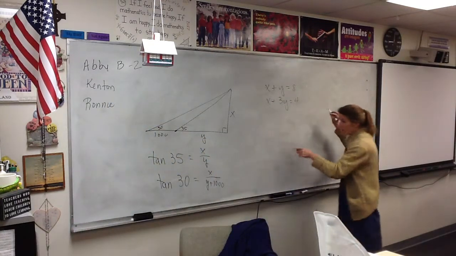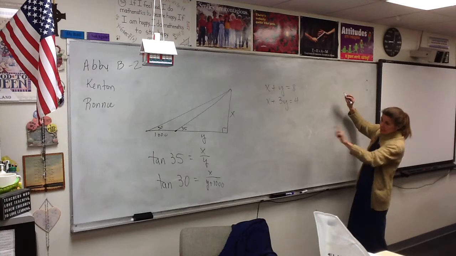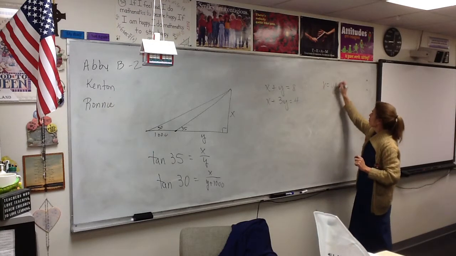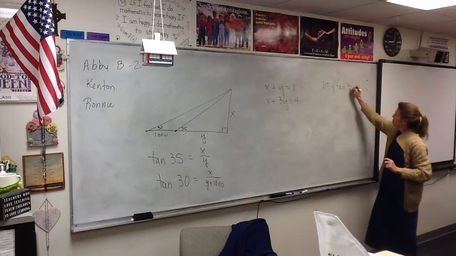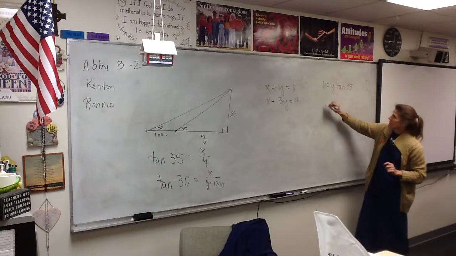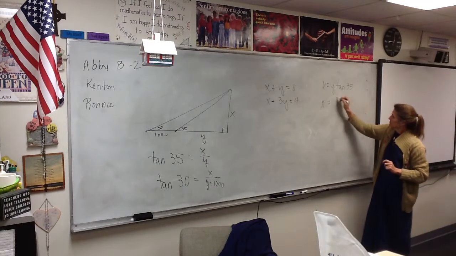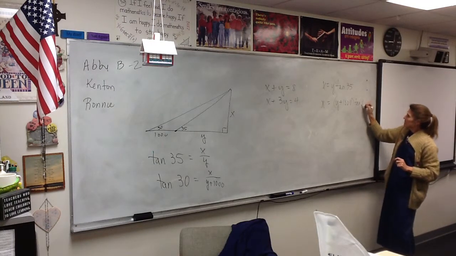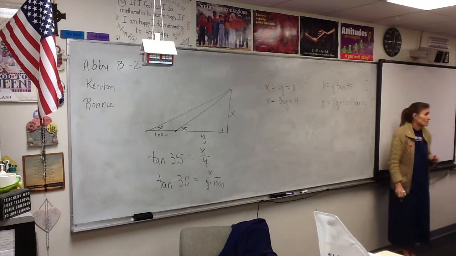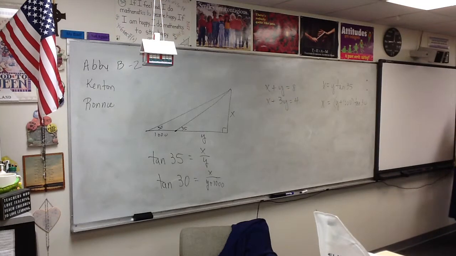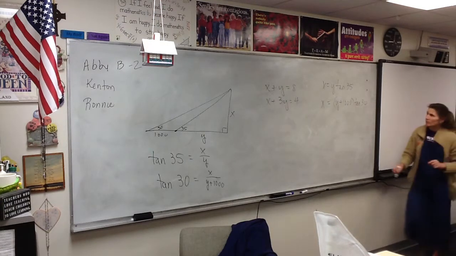It looks like if I take that top equation, it says x equals y tan 35. Yeah. And the bottom one says x equals y plus 1,000 times tan 30. Now, if both of those are equal to x, then I can set them equal to each other.